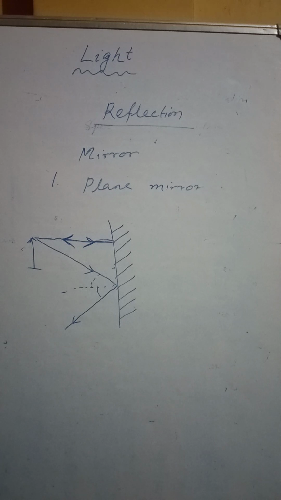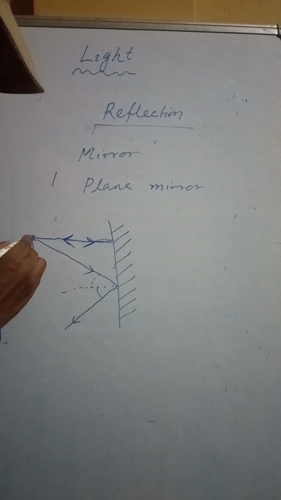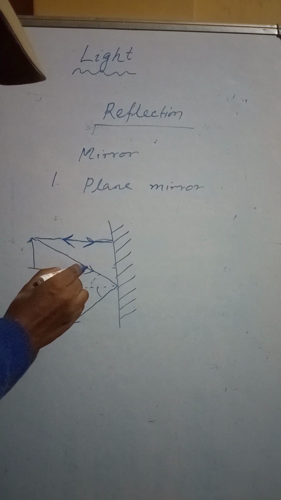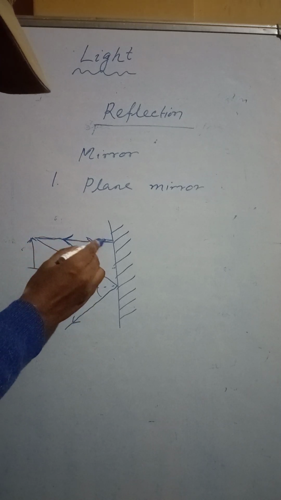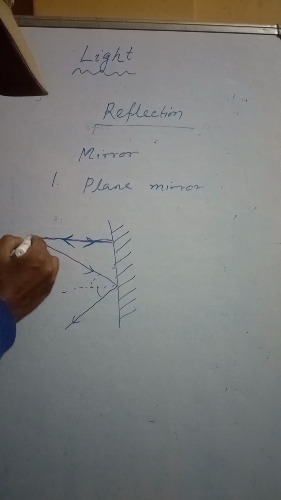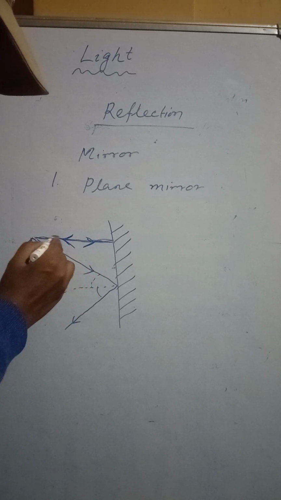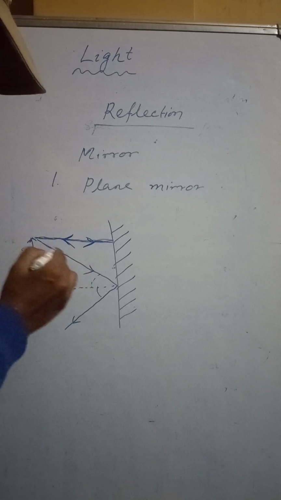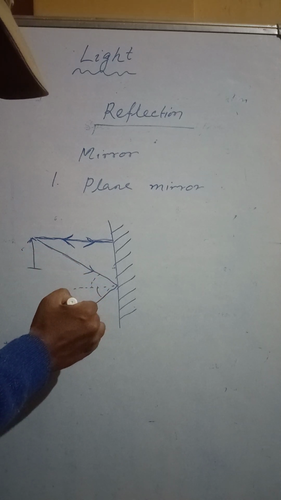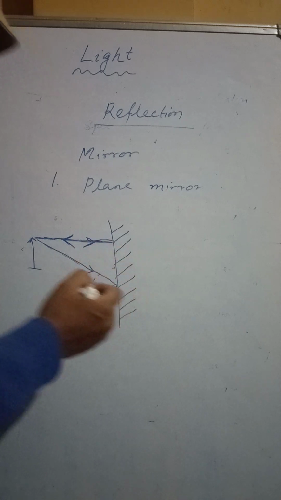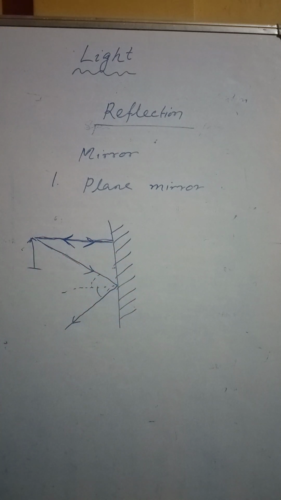So the light is not directly meeting at any point. This ray is coming in this direction and the reflected ray is going in this direction. Here also the incident ray comes in this direction and the reflected ray goes in this direction. They are not meeting at any point.